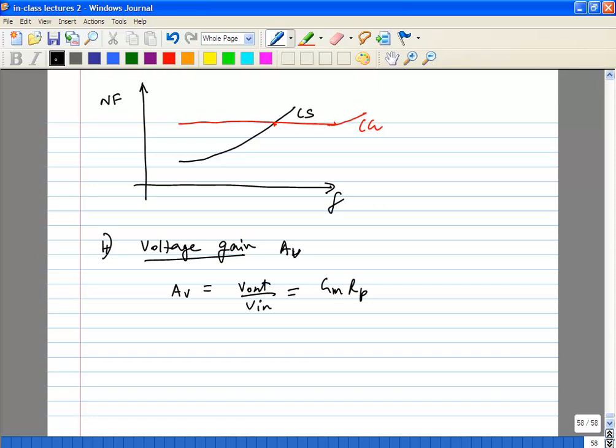It is the effective GM times the parallel resistance of the tank, RP. And we also know this is, okay, that is the effective voltage gain. And what we are doing is we are obviously neglecting the output resistance. Now that we have added a cascode, the output impedance of the amplifier itself actually gets even better. So it's a good approximation to use just RP.